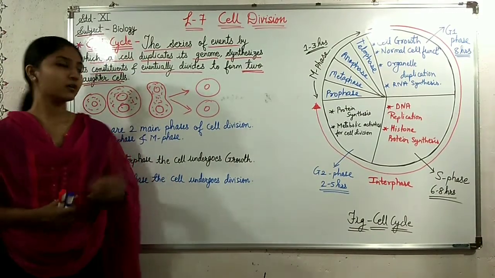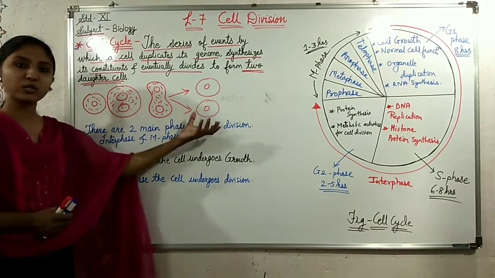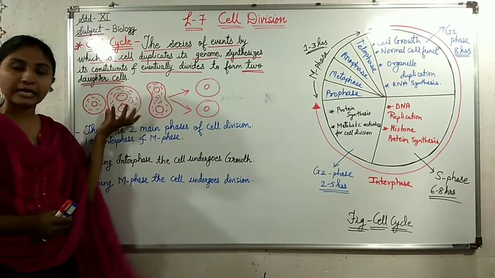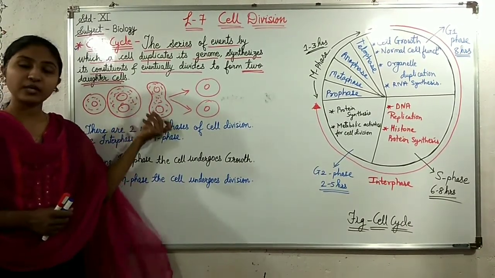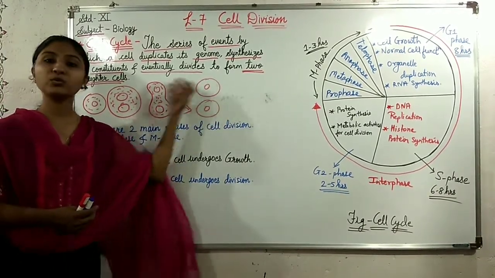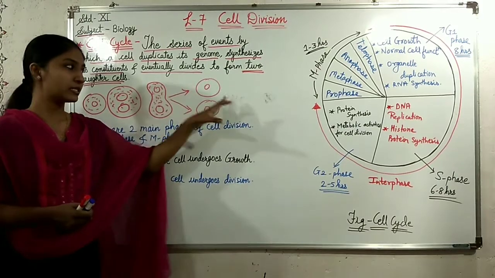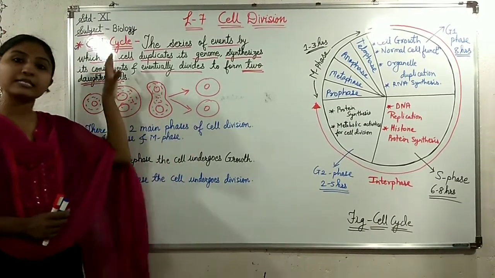In this process, there is a sequence of events. First, the cell enlarges, it grows, and then the nucleus and organelles get duplicated, and then two new daughter cells are formed. This series of events is called the cell cycle.